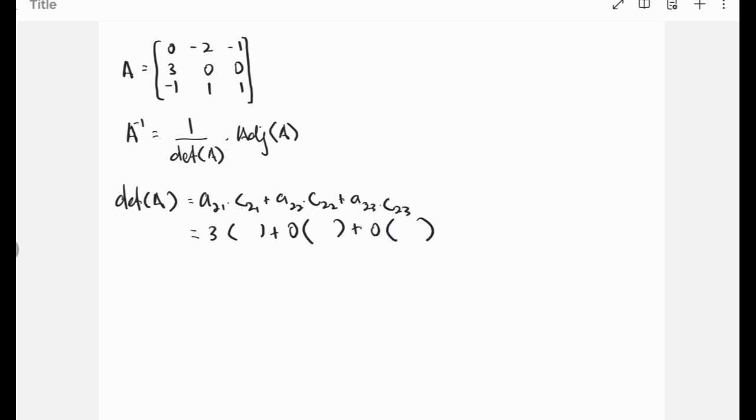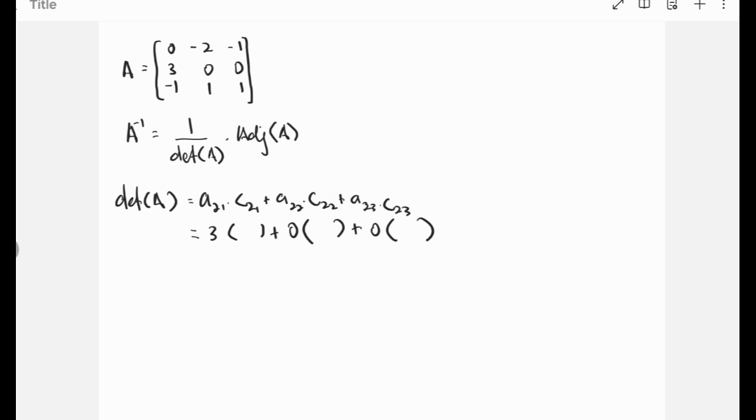So what you can tell here is we have this as the first element, and the second and third elements are 0, so when you multiply them with whatever value the cofactor has, it will still be 0. So to calculate the determinant for this one, you don't need to calculate these two. You just need to focus on this one, because this will become the only value for the determinant because of the 0s here. That's why we choose row 2, so we can skip calculating the cofactor several times.